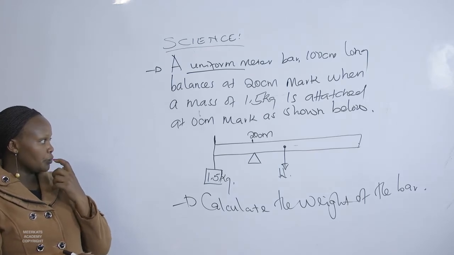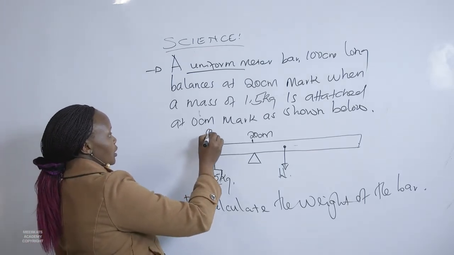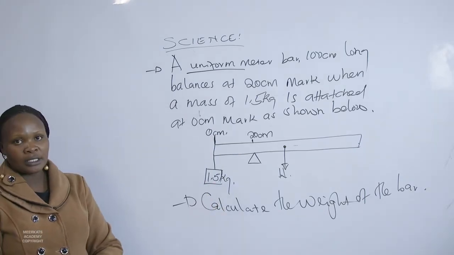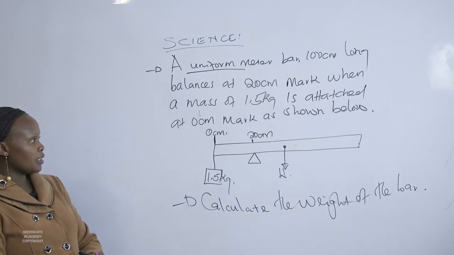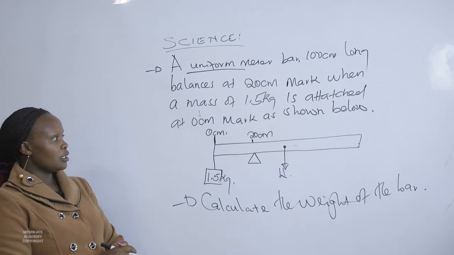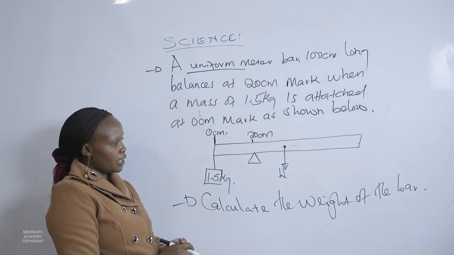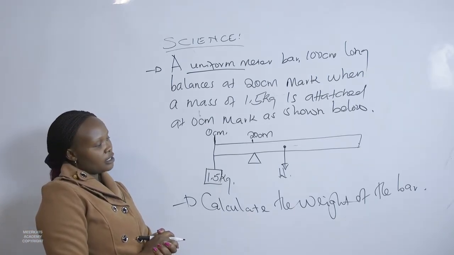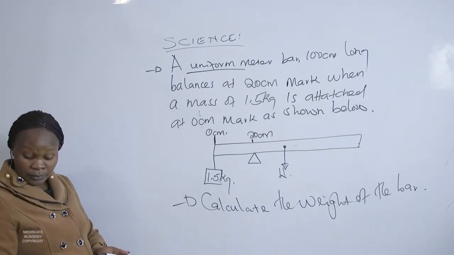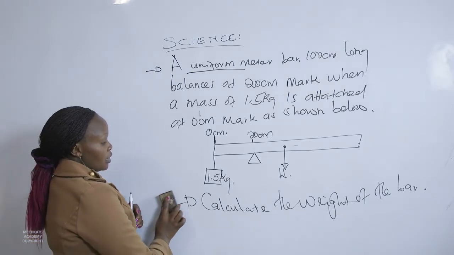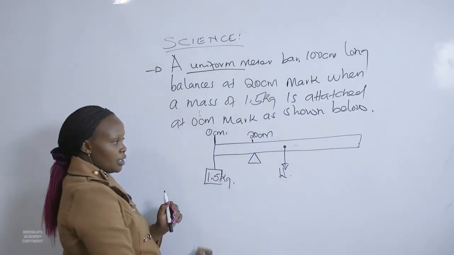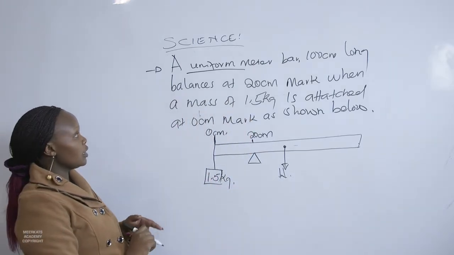Now, at the 0 centimeters mark is where we have our 1.5 kgs mass suspended. Then we have placed our fulcrum around 20 centimeters mark. Let us try and find the weight of the bar. Now remember that weight is applied at the center of gravity, which is the geometric center.